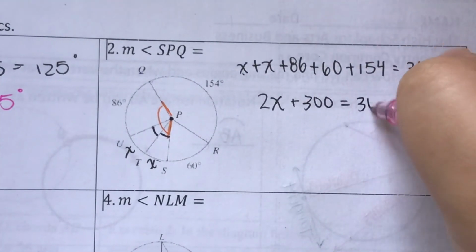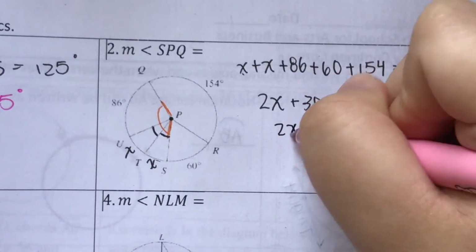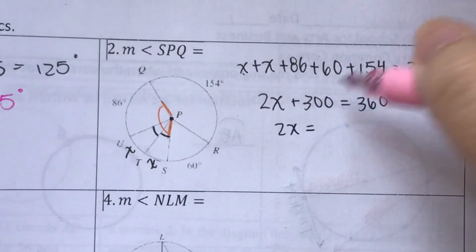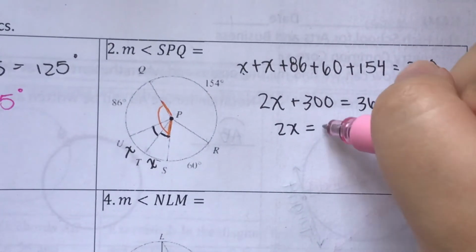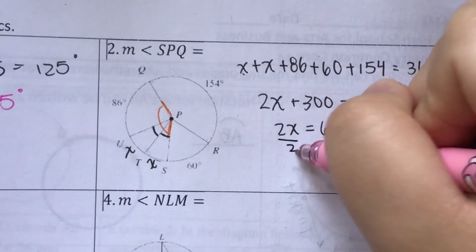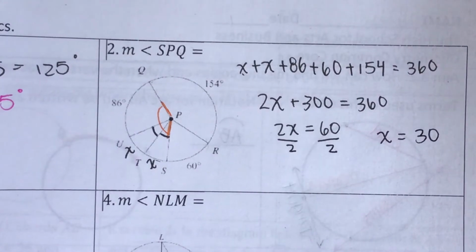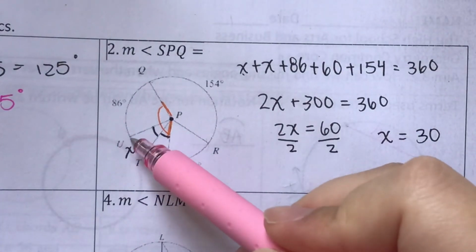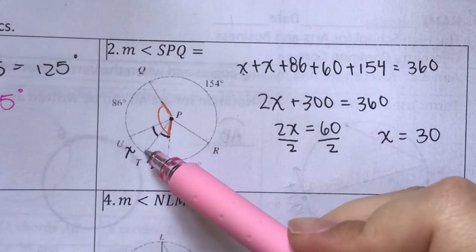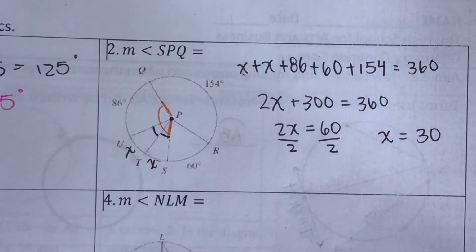So 2x plus 300 is equal to 360. Subtract 300, so 2x is equal to 60. Divide by 2 on both sides. So x is equal to 30. Arc UT or arc TS is equal to 30 degrees.